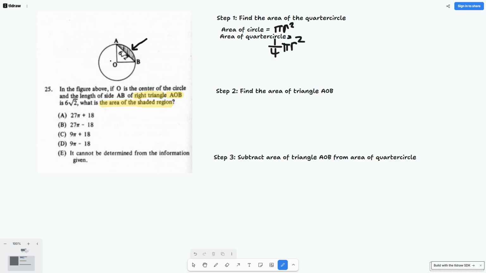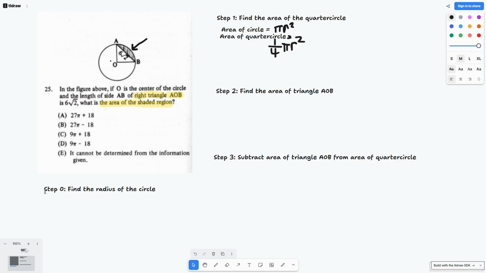Let's say this is step 0. Step 0 is going to be to find the radius of the circle. And yeah, we're actually going to need this radius in order for us to complete steps 1 and 2.